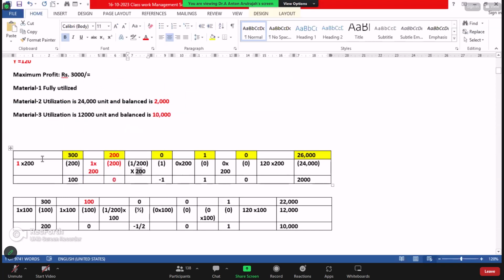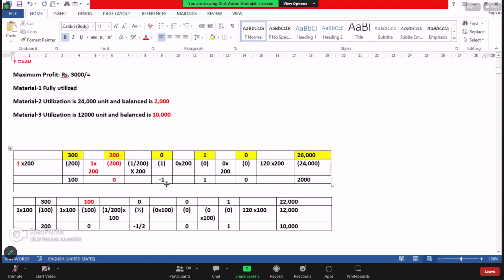That's it. So 1 into 200, 200, 300, 200 minus 1. Then here 0, 200 minus 200, 0. Here 0 minus 1, that is minus 1. Here 1 minus 0, that is 1. Here 0 minus 0, that is 0.